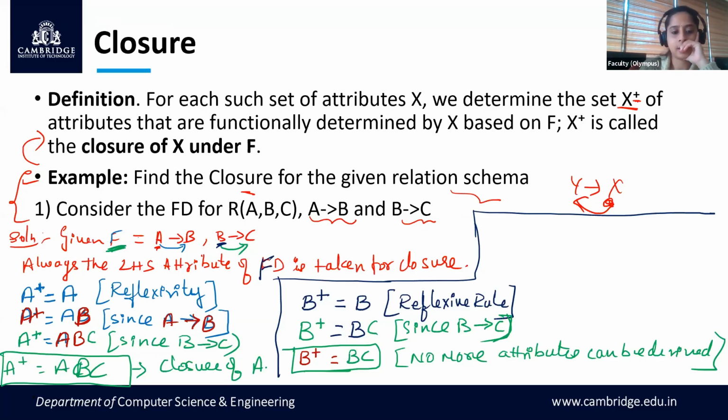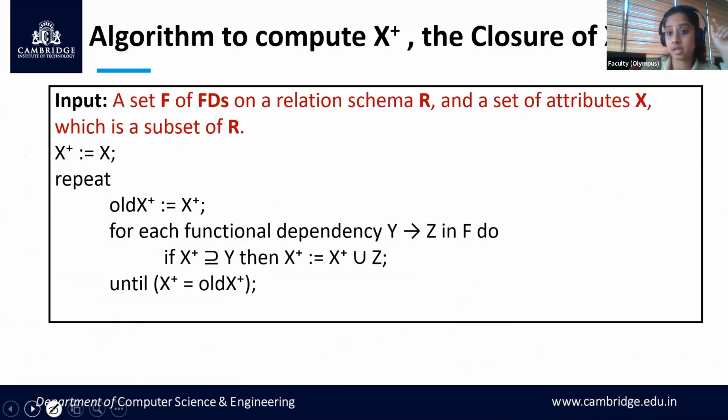Okay. So now, whatever I have done in this problem is written in the form of an algorithm. They will ask for the algorithm. It's very important. That's why before going to the algorithm, I solved the problem first. Now, input. Just read the algorithm.